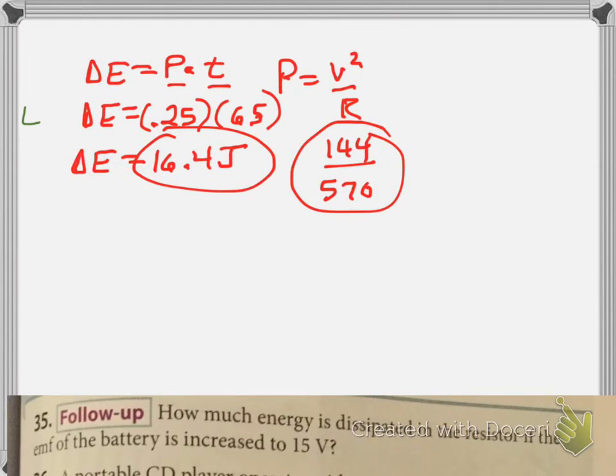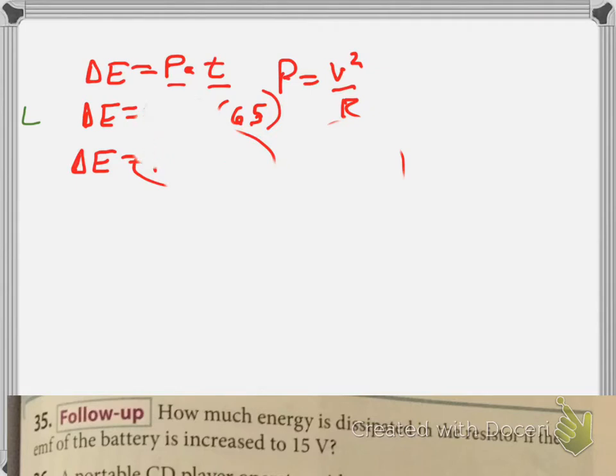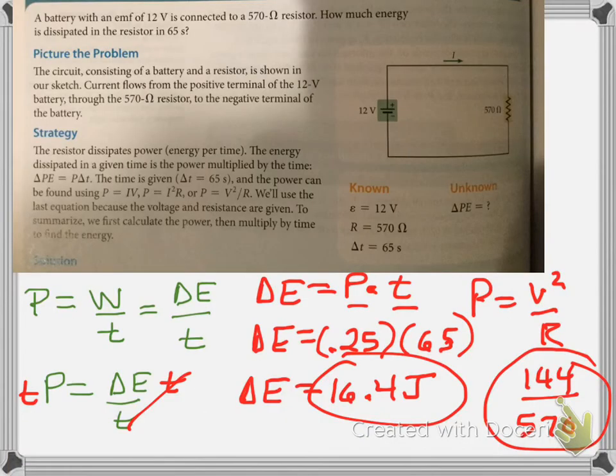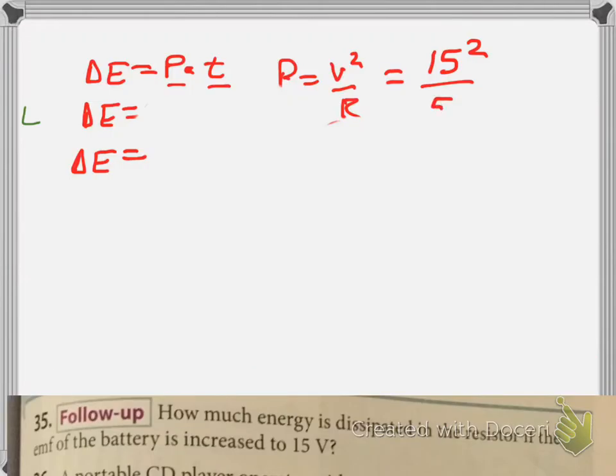All right, so now my numbers are going to change. This time my voltage is 15. So 15 squared over R, the resistor. The resistor was 570. And then once I have that, I can plug that back in here.